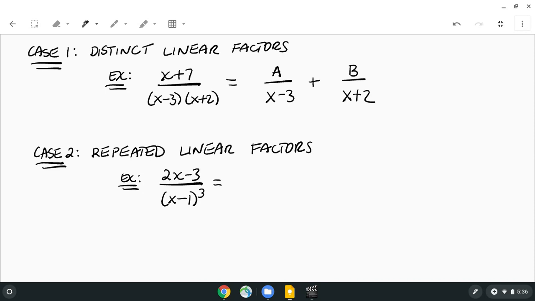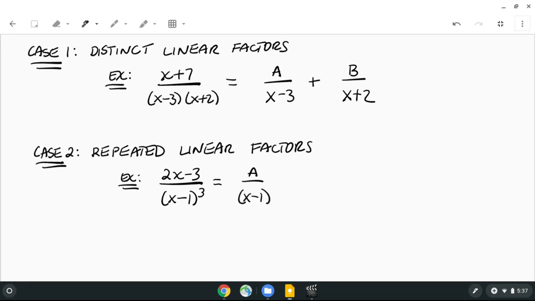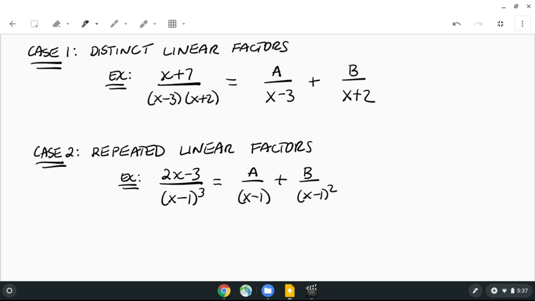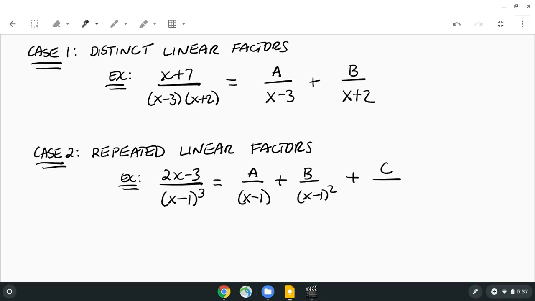So what happens here is when you have repeating factors, make sure you use the exponent to represent that repetition. Because you're going to have one fraction for that factor to the first power, one for that same factor to the second power, and one for that same factor to the third power.